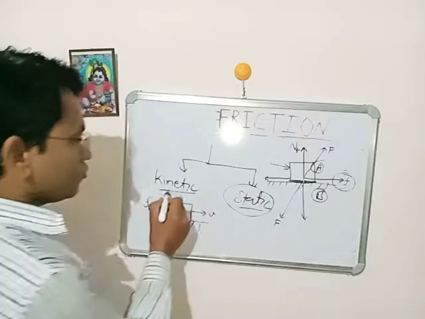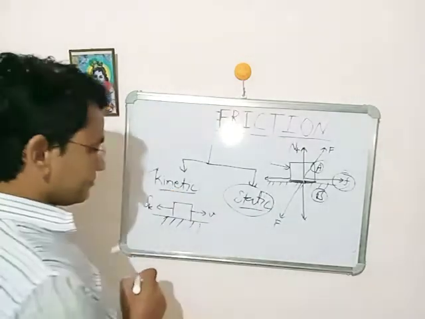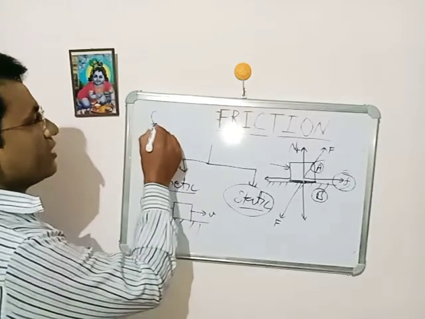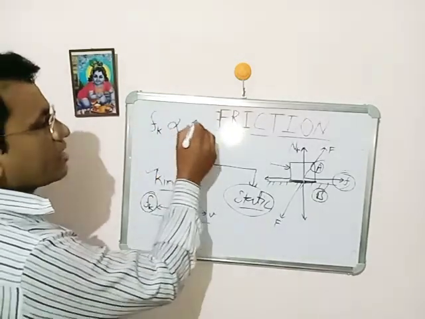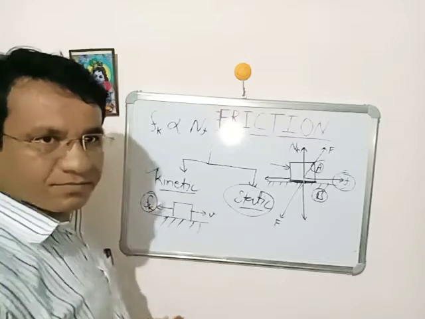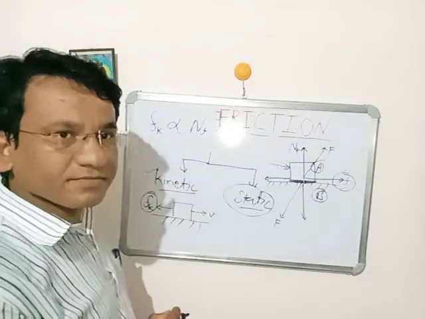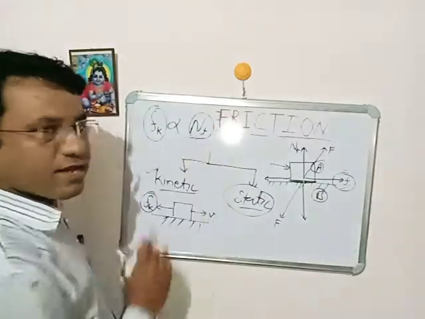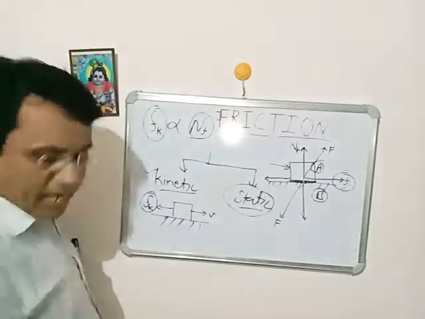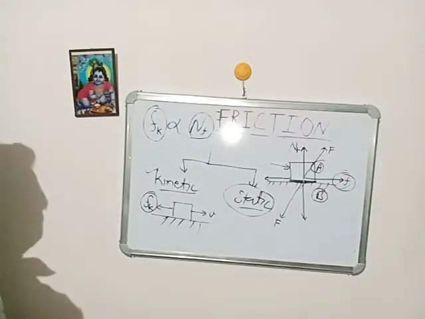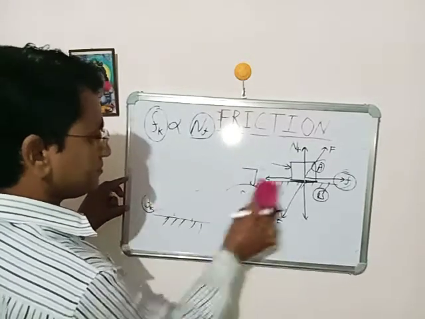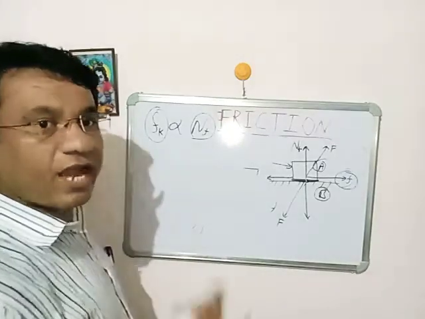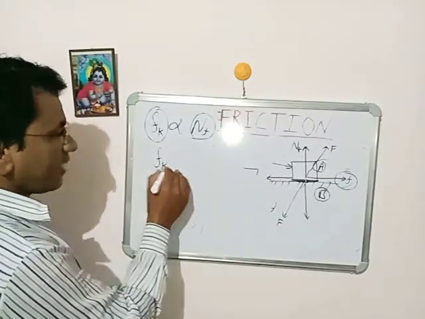Okay. Now, the kinetic friction is proportional to the normal force. Remember that. That kinetic friction is proportional to the normal force, and the proportionality constant is called the coefficient of kinetic friction, like that.